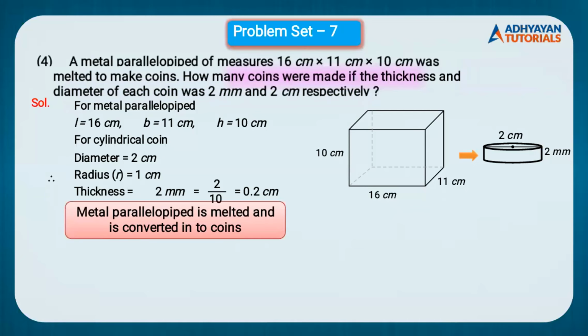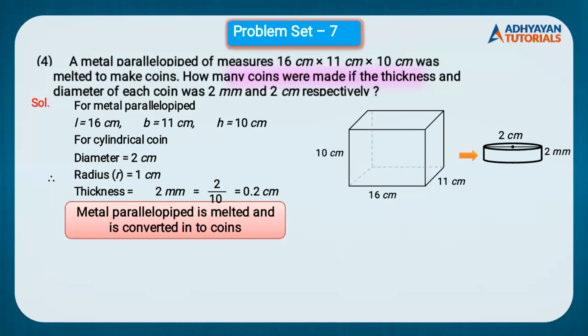Now students, the word melted is a hint in this sum. Remember it, whenever we melt an object, that object turns into liquid. Of a liquid, we cannot measure area. I repeat again, we cannot measure the area of a liquid, but we can measure its volume.